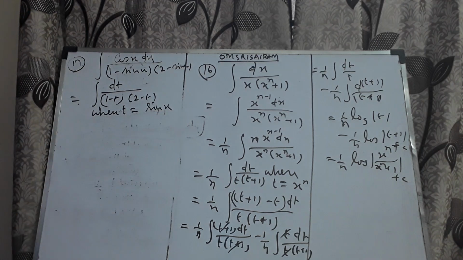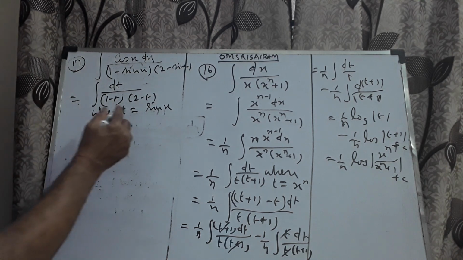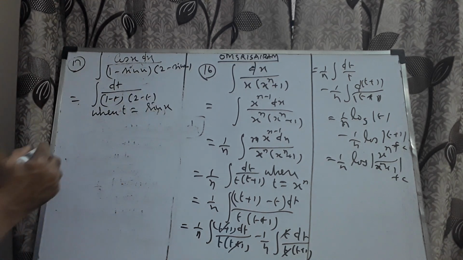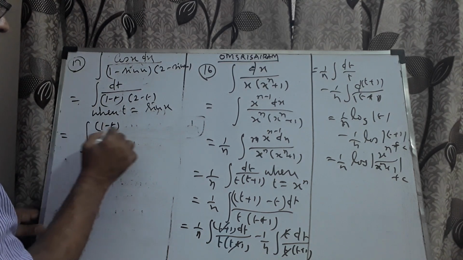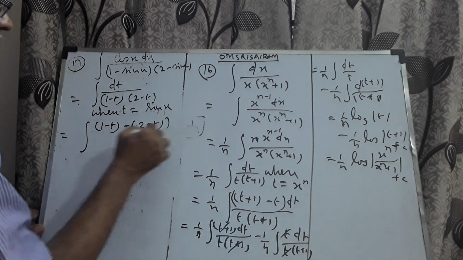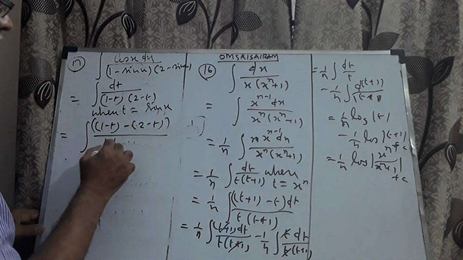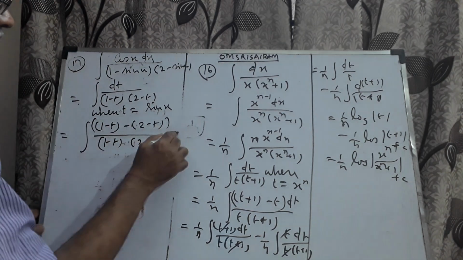See here, the derivative of sin x is cos x dx. When t is sin x, dt is cos x dx. Now I can write the numerator as 1 minus t minus 2 minus t, divided by 1 minus t into 2 minus t dt.